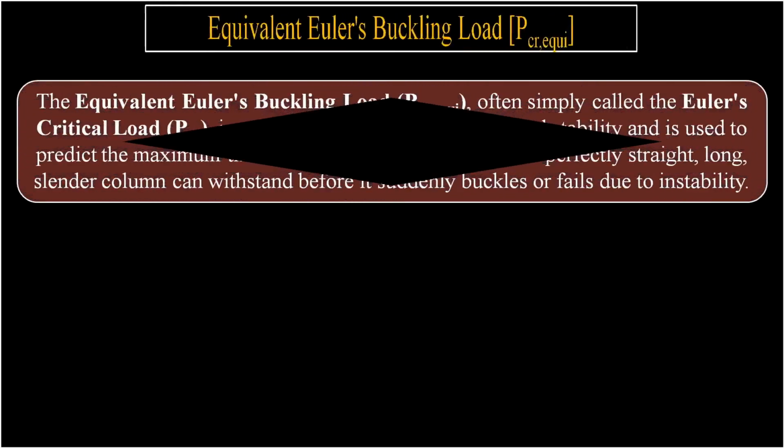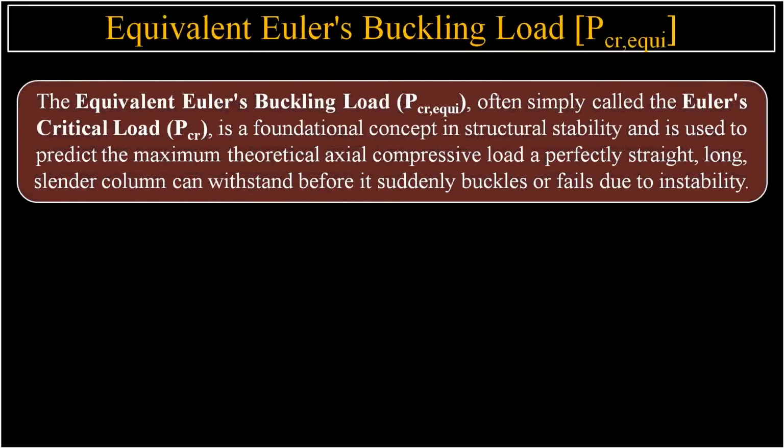The title of this slide is Equivalent Euler's Buckling Load, PCR Equi. In this section, we are going to define the concept of the equivalent Euler's buckling load and its significance in column design.